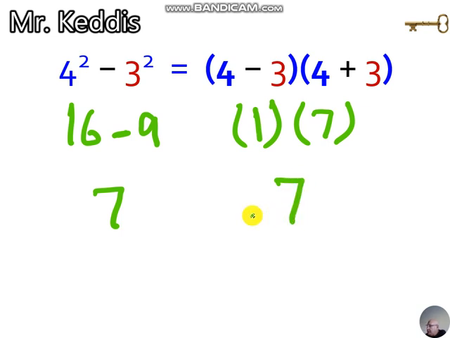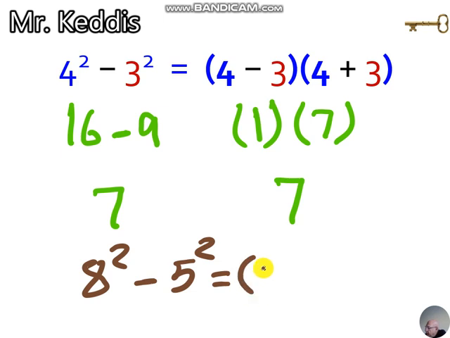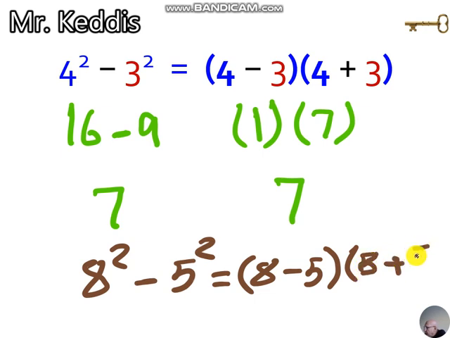Both are equivalent. Also, if you factor 8 squared minus 5 squared, you factor this to 8 minus 5 and 8 plus 5, and both are equivalent.